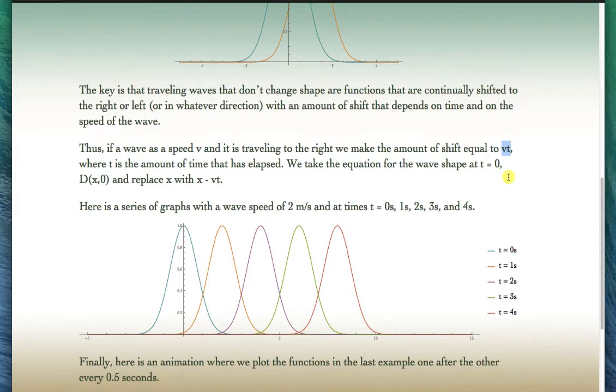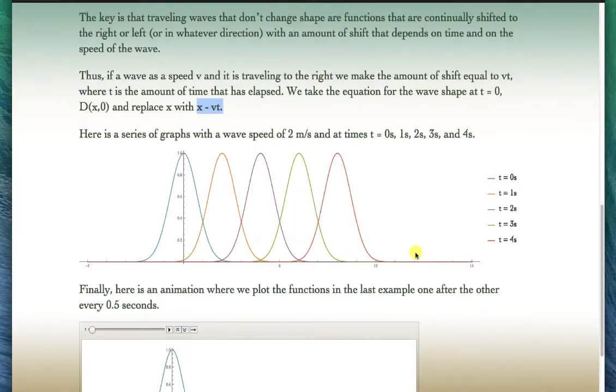The faster the wave is moving, in other words, the bigger the speed, the bigger that displacement, that distance of the shift in that amount of time. So all we do to create a traveling wave is we take our equation for the wave shape at time equals 0. It depends on position x, and we simply replace x with x minus vt. That would give us a wave that travels to the right.